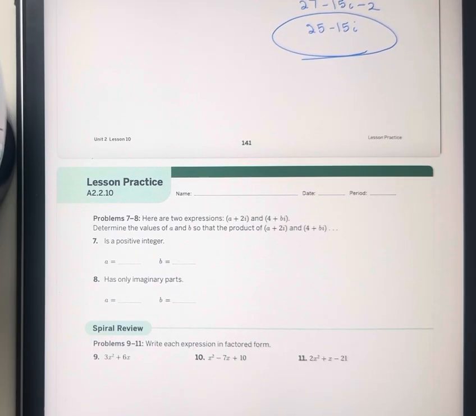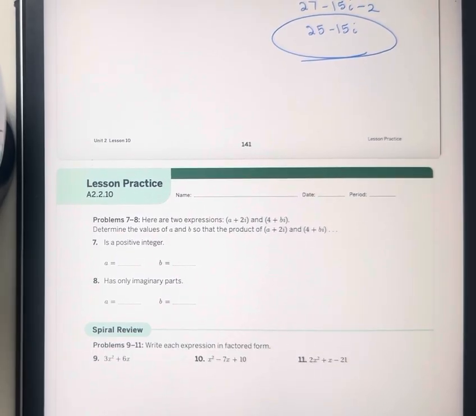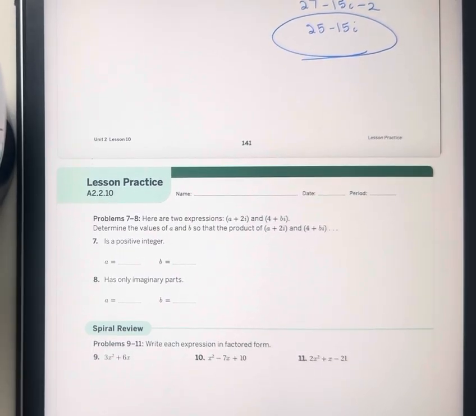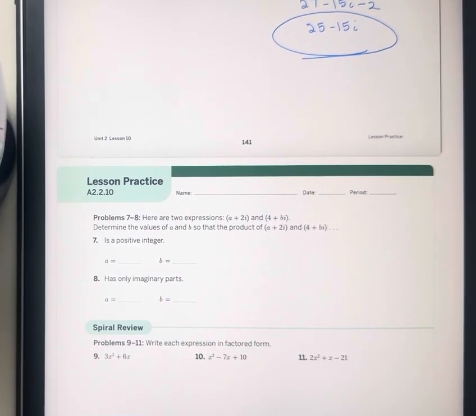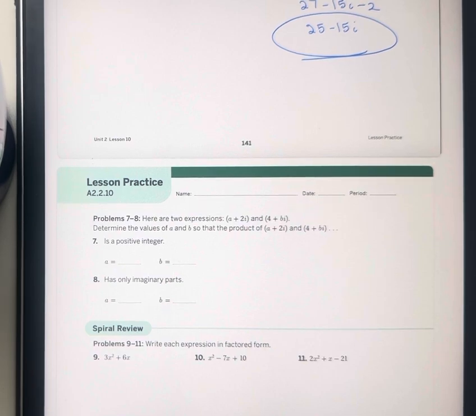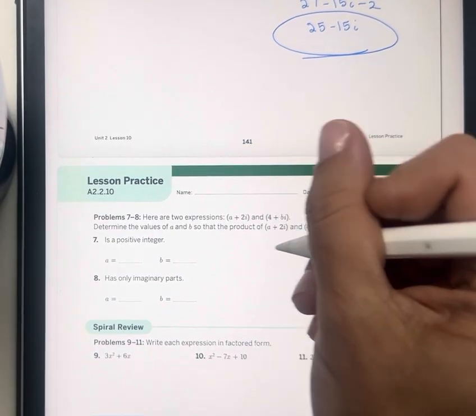Here are two expressions, a plus 2i and 4 plus bi. Determine the values of a and b so that the product of those two is a positive integer, or it only has imaginary parts. So again, this is the questions before the spiral review. It's the one you don't lose sleep over, but they are critical thinking questions.